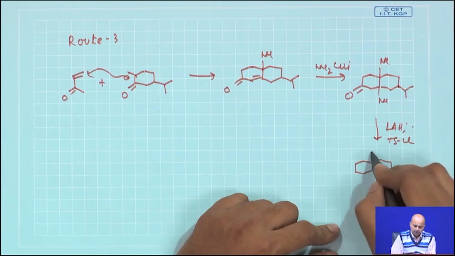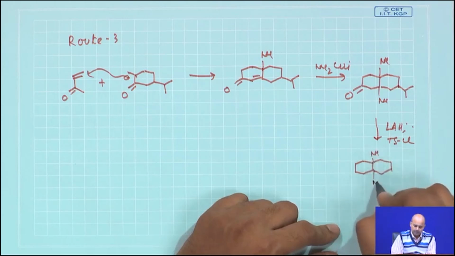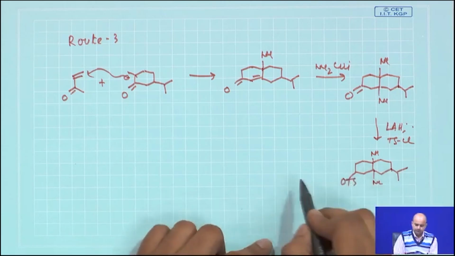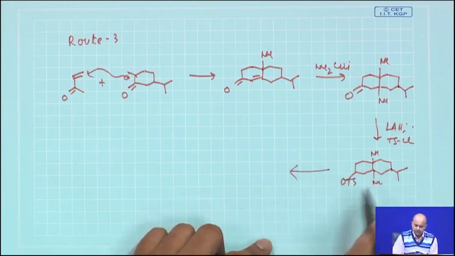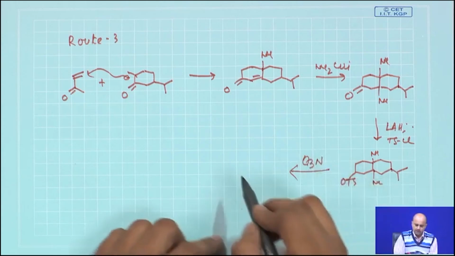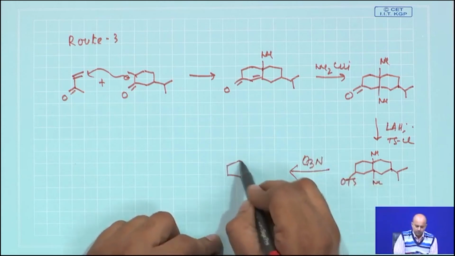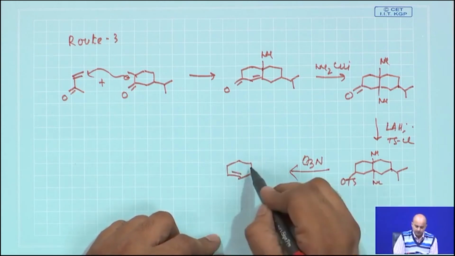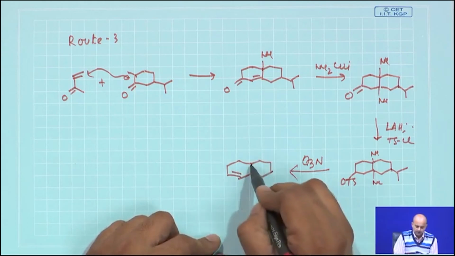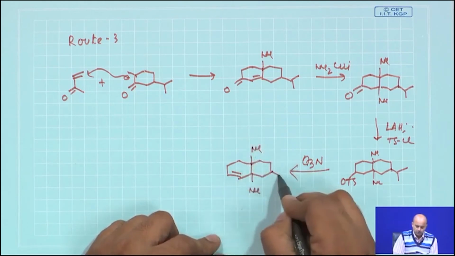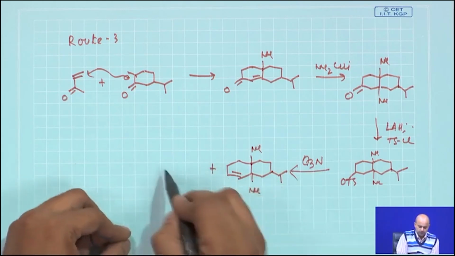What intermediate will you basically get? You get this intermediate. Now, this compound is a tosylate and you heat it with triethylamine.